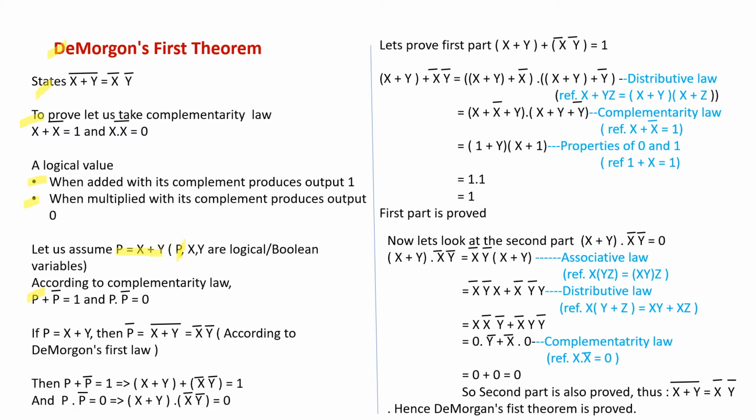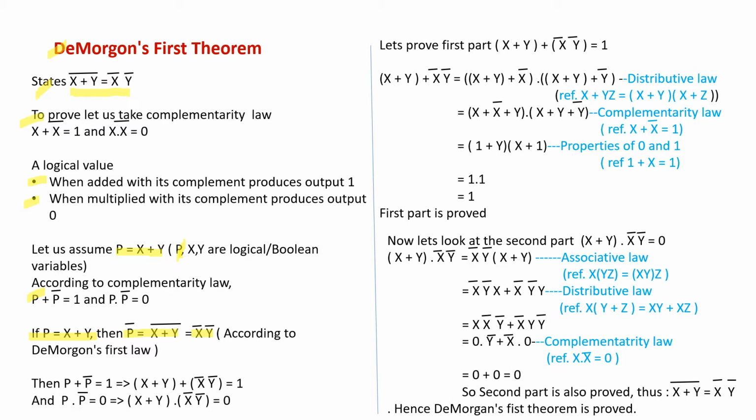If p is equal to x or y, then p complement is nothing but the complement of x or y. And according to De Morgan's first theorem, (x or y) complement is nothing but x complement and y complement.